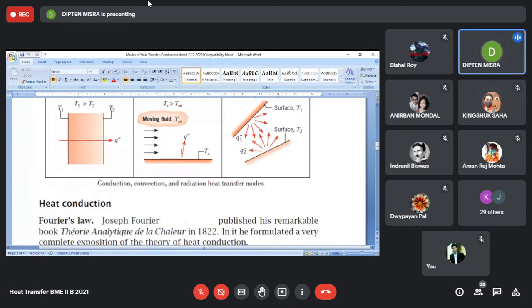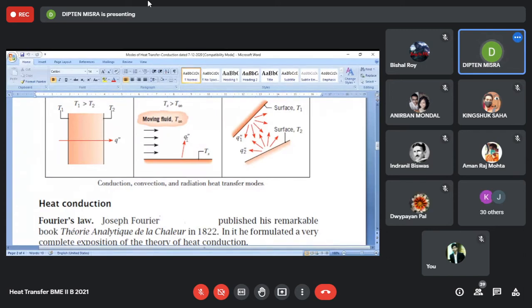Yes, sir. What we are talking of is the heat flux. We are interested to know the heat flux. Again, because if you know the heat flux and if you know how it is varying over x and y, then you can find out the rate of heat transfer over the entire surface by integrating this over the area. So our primary concern would be to know the heat flux.